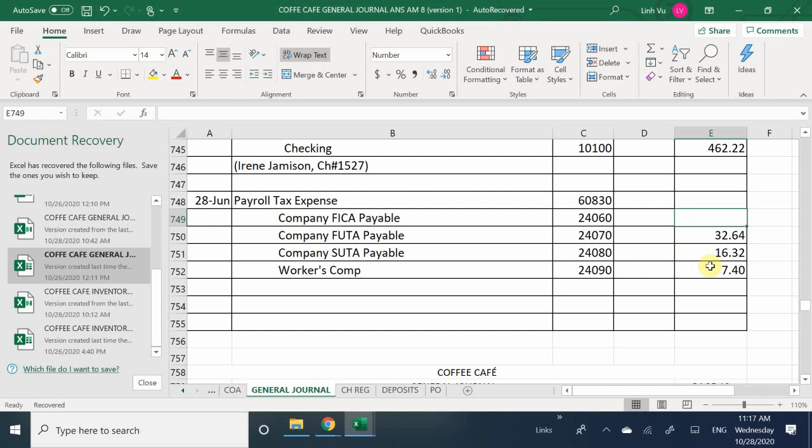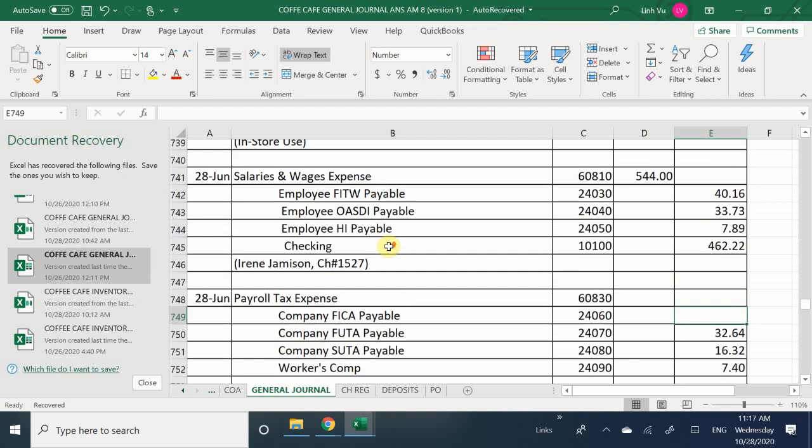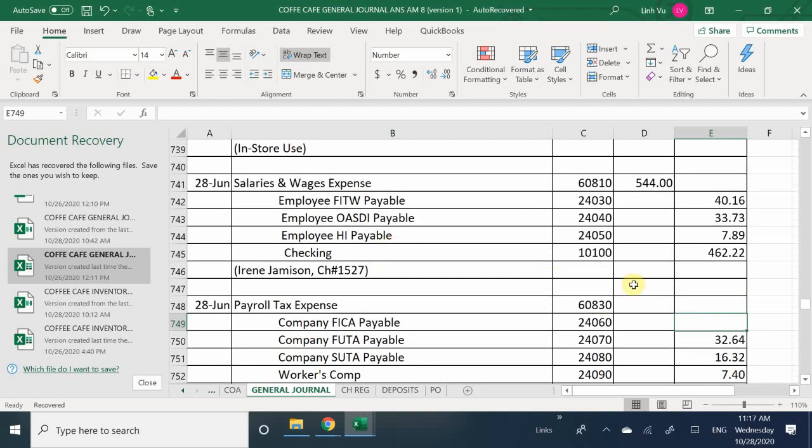What is company FICA? So again, it includes Social Security and Medicare. 4162.